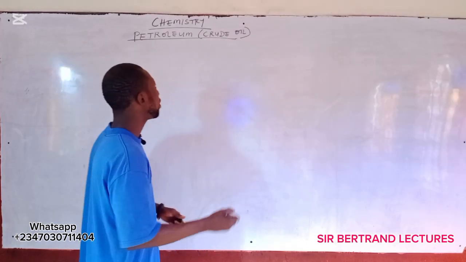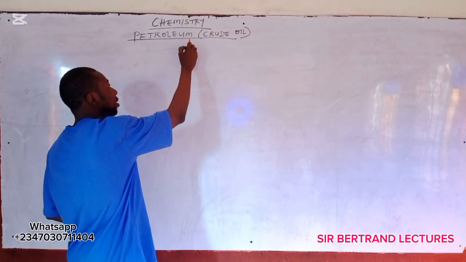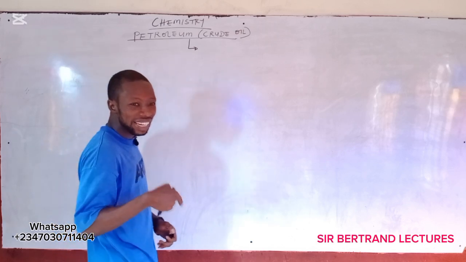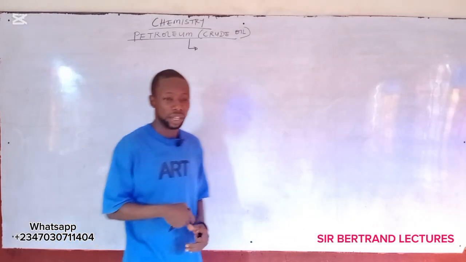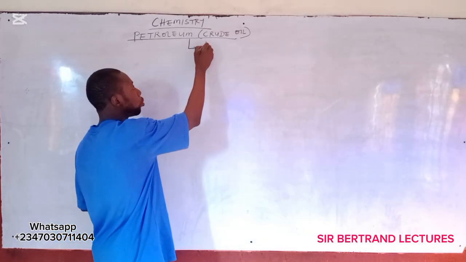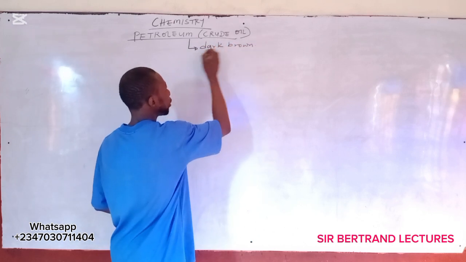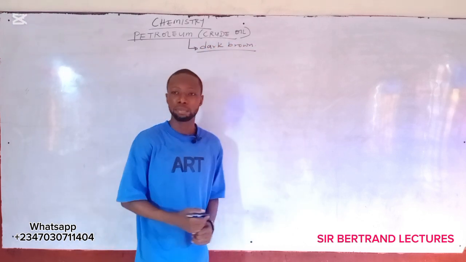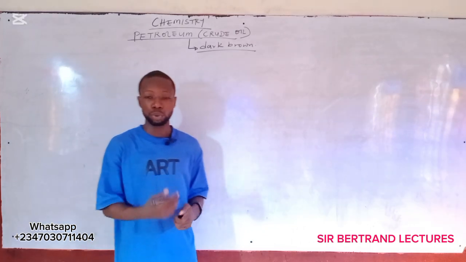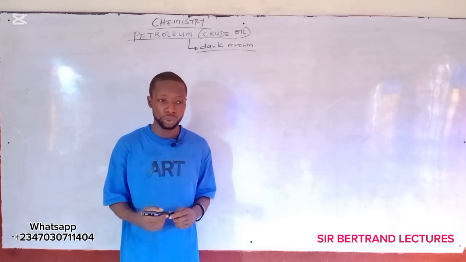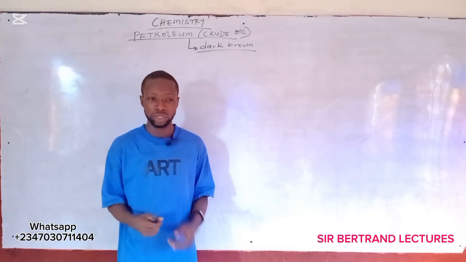Petroleum is found inside the ground. The color of petroleum is dark brown.